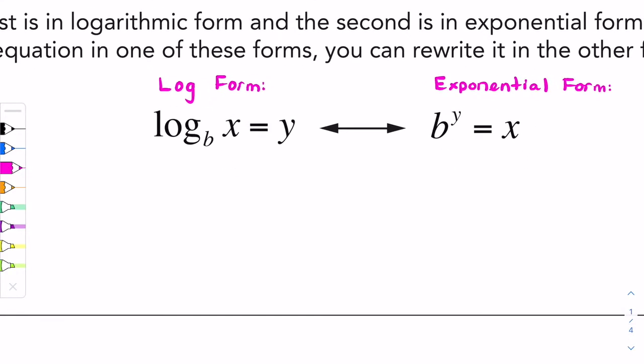Before we start with the conversion process, there's a couple things you need to know about log form. Whenever you have a function in log form, your b value has to be greater than 0, and it can never equal 1. Also, your x value has to be greater than 0.